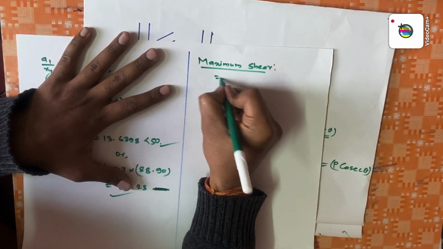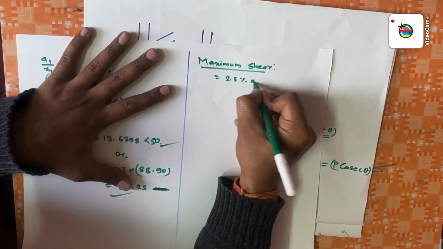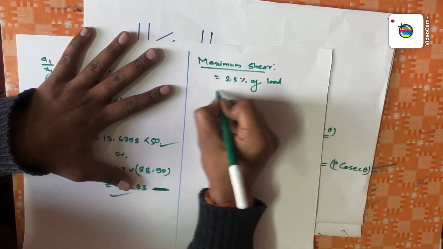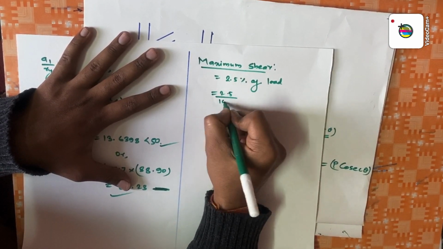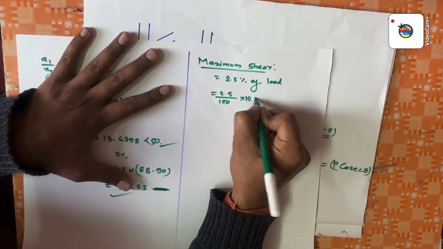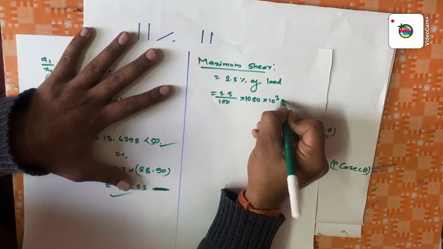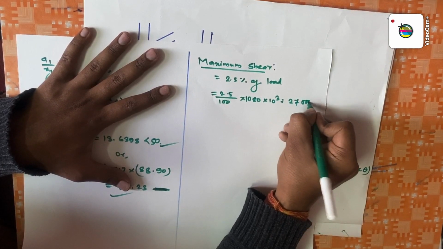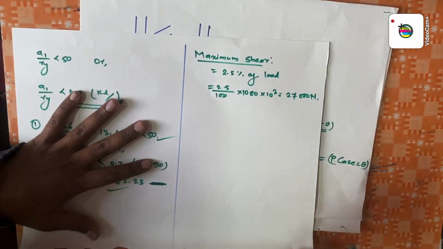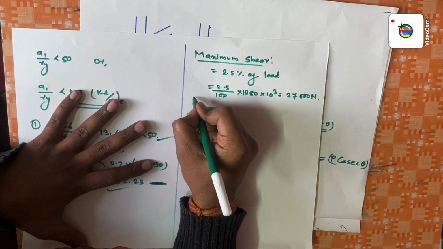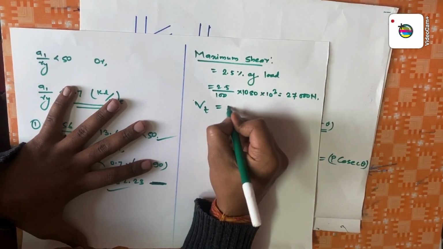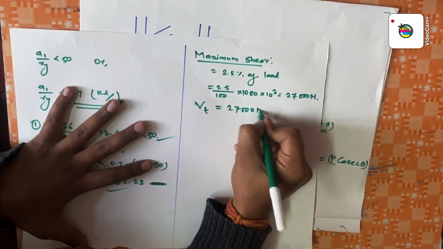Maximum shear is 2.5% of total load. So 2.5% of total load, 1080 into 10 power 3, will give me 27000 Newton. Therefore Vt will be 27000 Newton.